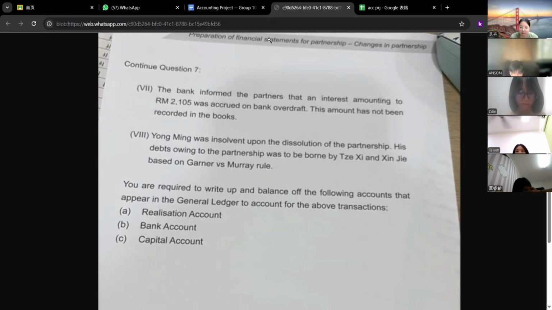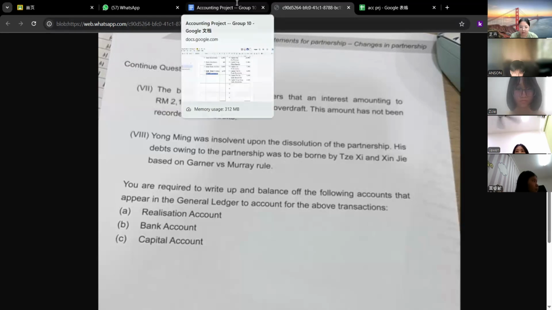So it says here that Yong Ming has already gone bankrupt and the remaining debts that he owed cannot be paid, right? So the remaining debts, Zixi and Xingjie should help him pay based on the Garner versus Murray rule.